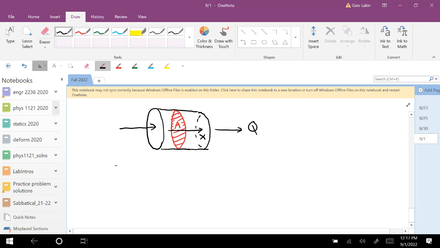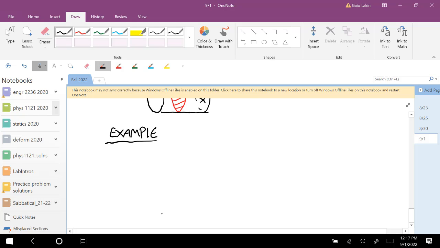Okay, let's do an example. Let's say we have a 1 meter by 1 meter pane of glass. The dimensions are 1 meter by 1 meter.